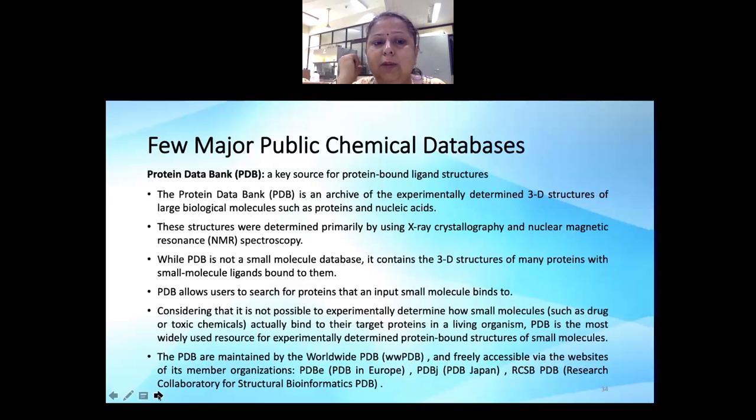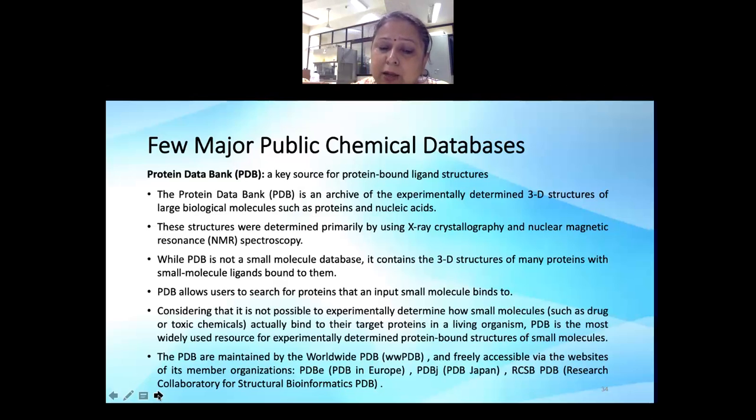Now, the Protein Data Bank is an archive of experimentally determined 3D structures of large biological molecules such as proteins and nucleic acids. These structures were determined primarily by using X-ray crystallography or NMR. So PDB is not a small molecule database. It contains the three-dimensional structure of many proteins, at some places with some small ligand bound to it.